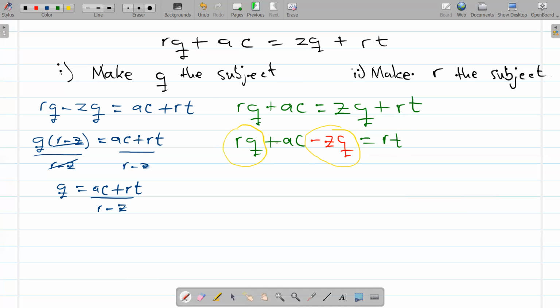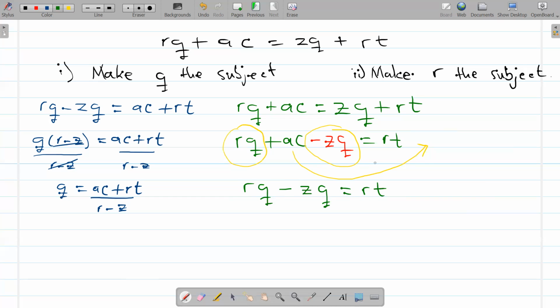So the odd one is AC. So this AC would have to move to join the RT. So when that happens, then we have our RQ, then this is minus, right? So minus ZQ is equal to RT.